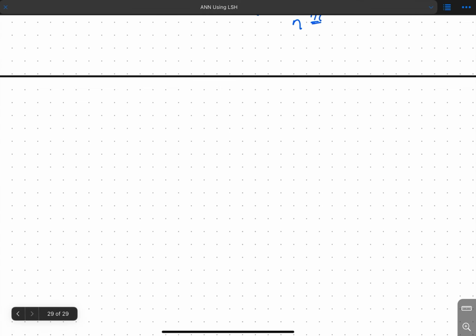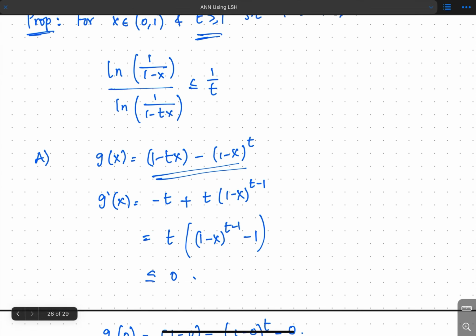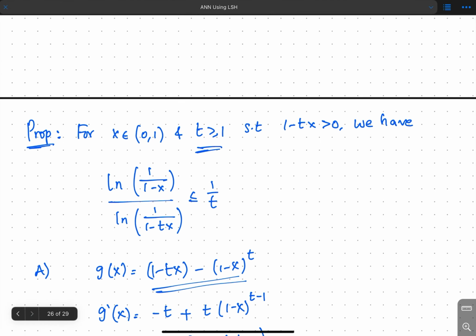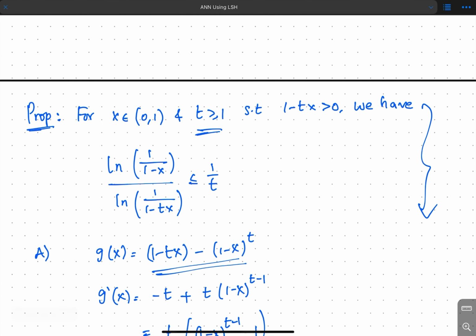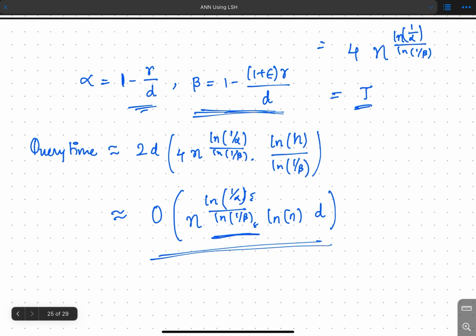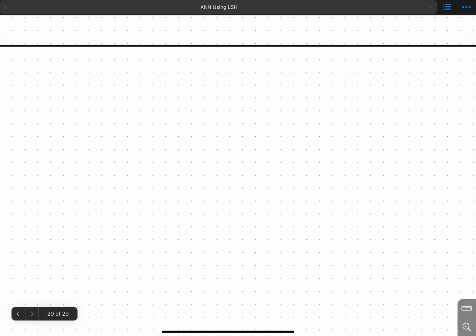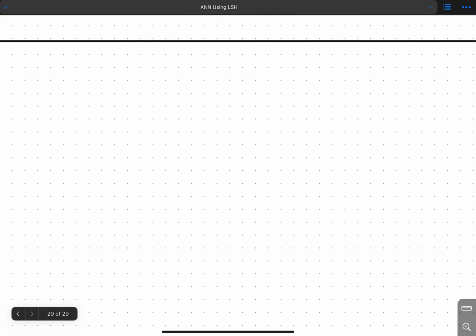So the general theorem: starting from this proposition, we did this for the hypercube case, but in general this is going to be our query time, and the pre-processing space is this multiplied by n. So let's write that general theorem. So the main theorem is this.